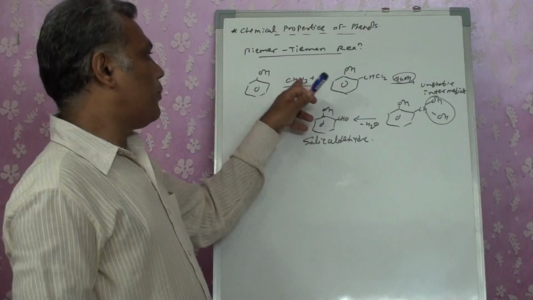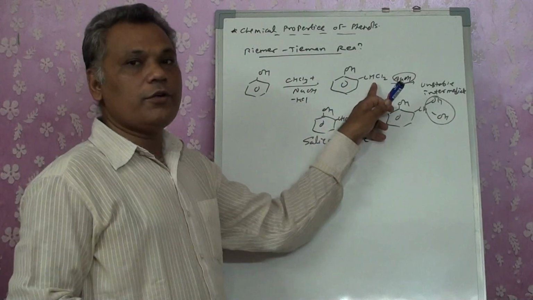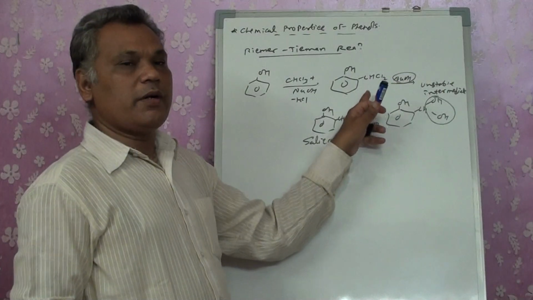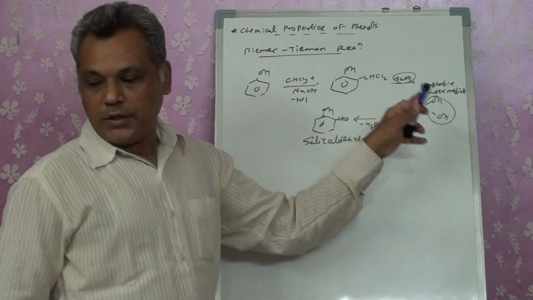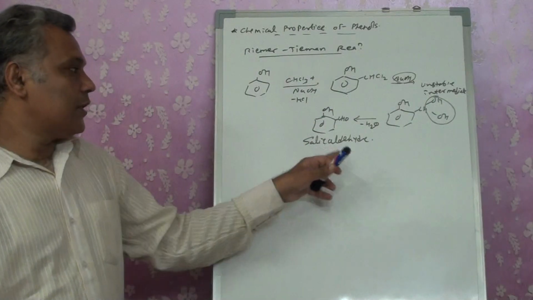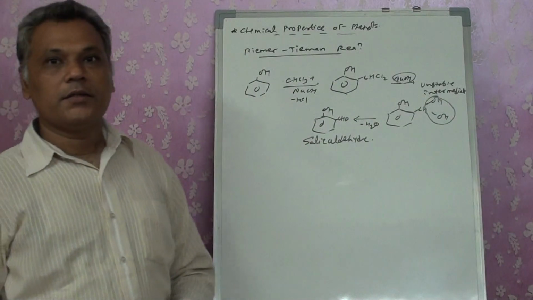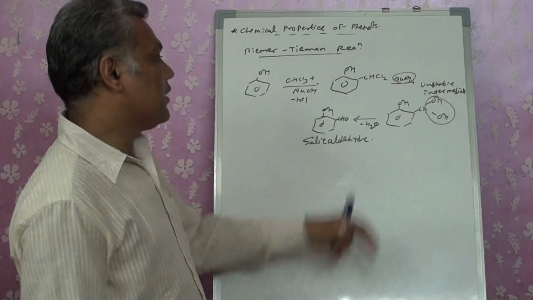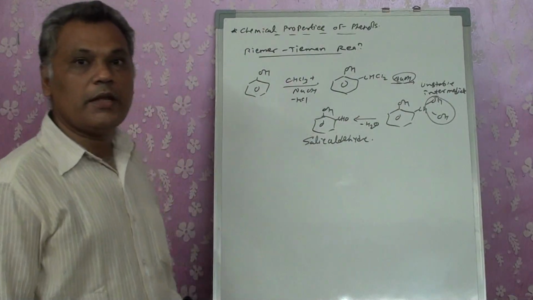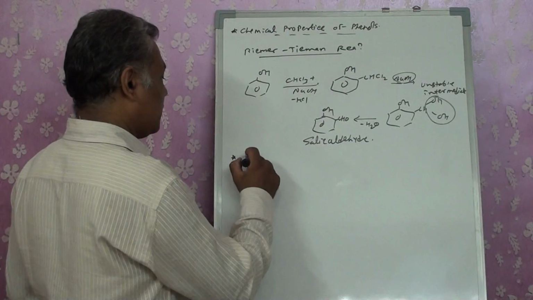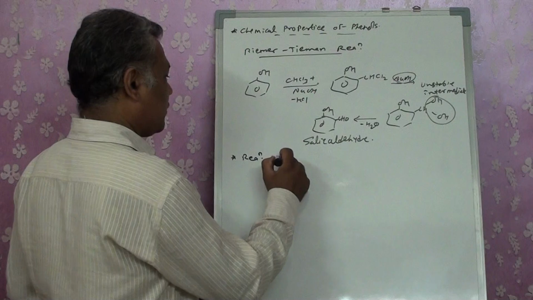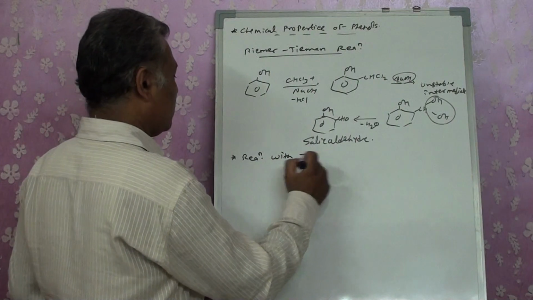So this compound with chloroform gets converted into, this is a stable compound, but because of the presence of NaOH in the reaction, it immediately converts itself into salicylaldehyde, right? So that is the Reimer-Tiemann reaction that we are having. The next one is the reaction with Zn.